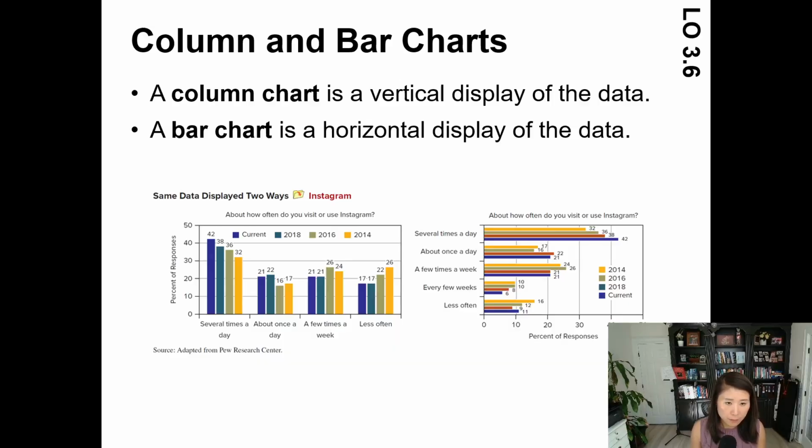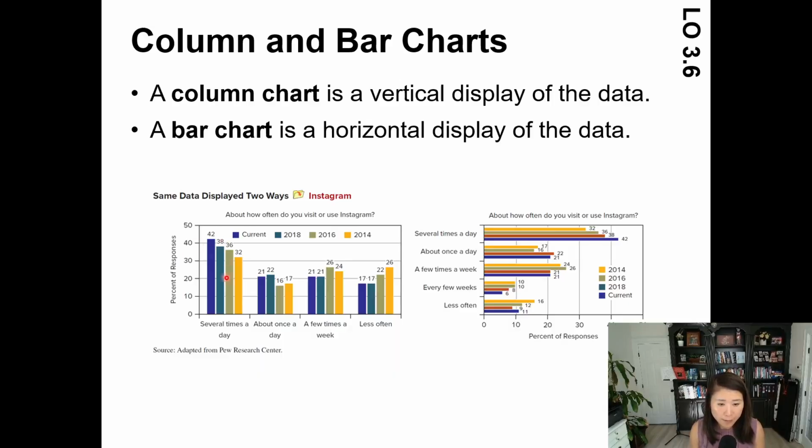In Excel, they call it a column chart if the bars are displayed vertically, and a bar chart if it's displayed horizontally. What I want to share is that in the real world, both charts are considered bar charts. The main difference between the bar chart and the histogram is that the histogram, as we already learned, is for quantitative data, and the bar chart is specifically for categorical data.